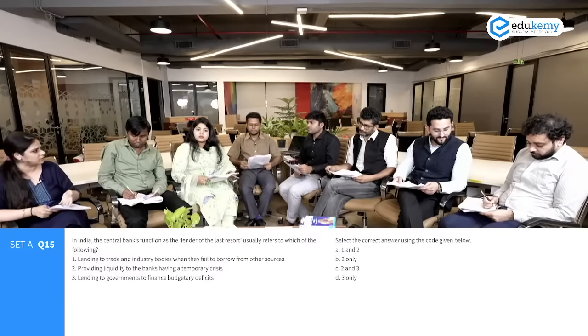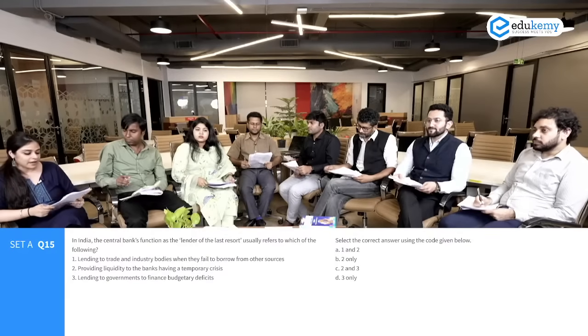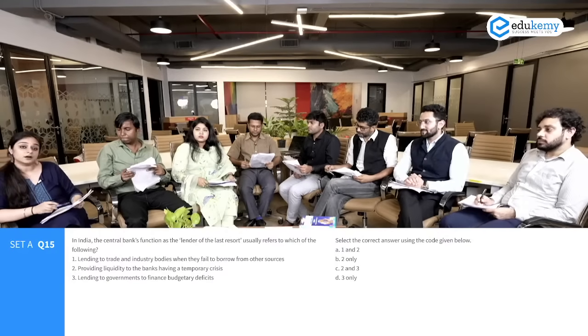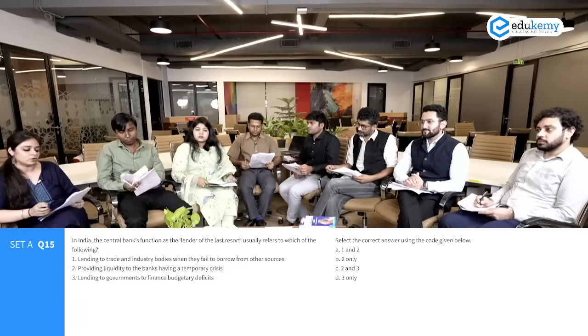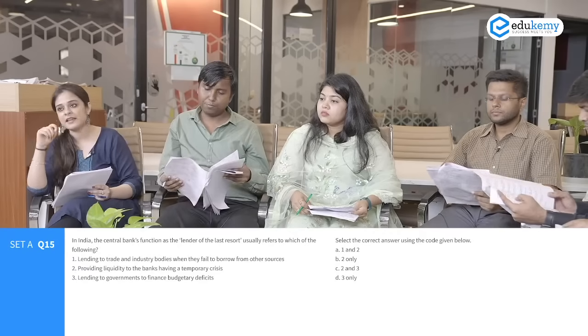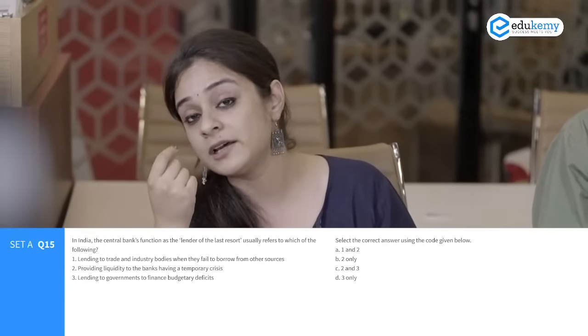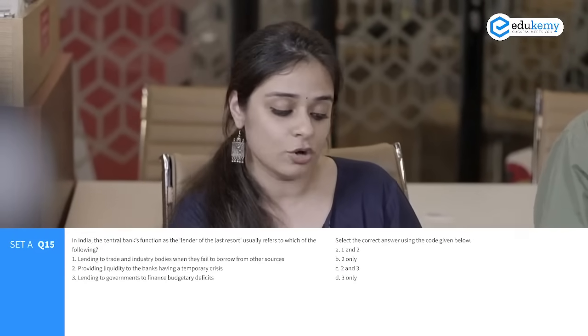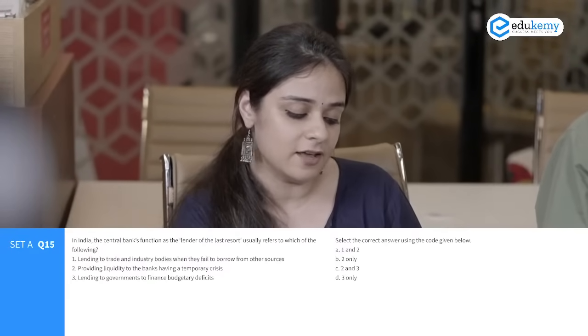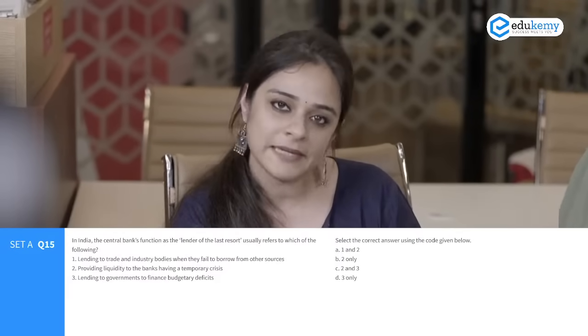It was an easy catch, and same is with this one. If I directly start with the third statement, which says lending to governments to finance budgetary deficit: when we talk about RBI being the lender of last resort, it is the lender of last resort for the banking system and not the government. So if the third is eliminated, you can directly come to the right answer, which is option B.